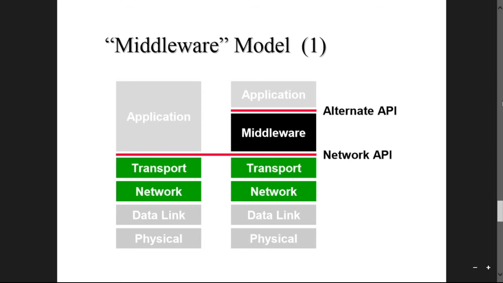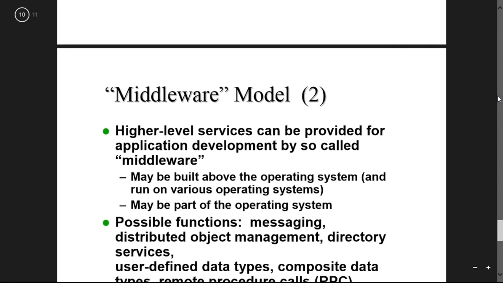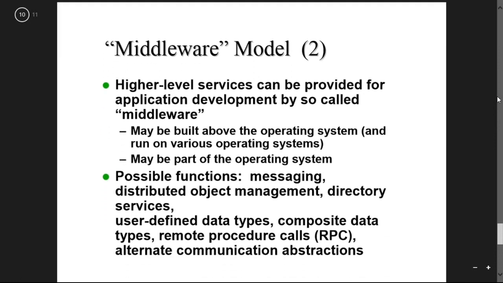Then there is a middle layer, middleware, in the case of UDP. This is the alternate API, application program interface. So this is the middleware model. What is its purpose? In the middleware model, high level services can be provided for application development by so-called middleware, which may be built above the operating system and run on various operating systems, or may be part of the operating system.